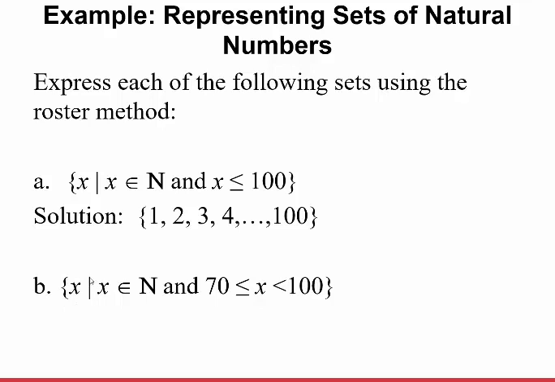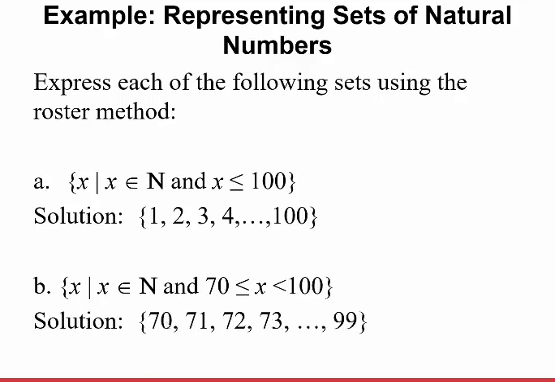Here, x is such that x is an element of the natural numbers and x is greater than or equal to 70, but it's less than 100. Well, it would start at 70 and go 71, 72, 73, but it wouldn't include 100 because it doesn't have the equal sign there, so it would have to stop at 99.